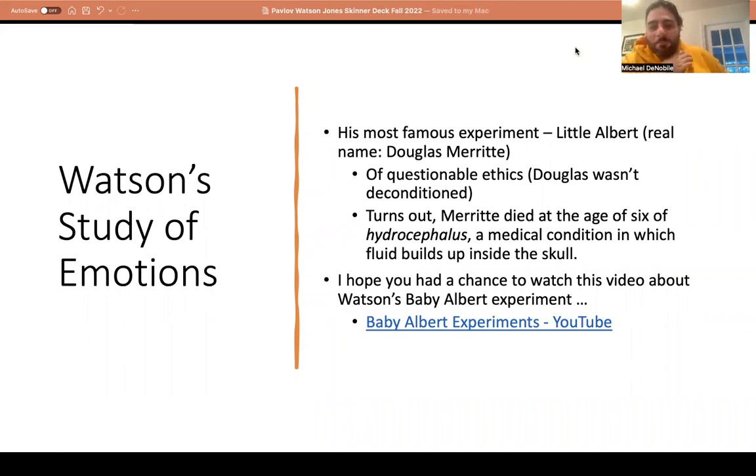So Douglas was conditioned to fear fuzzy things, but Watson never had the opportunity to decondition him.